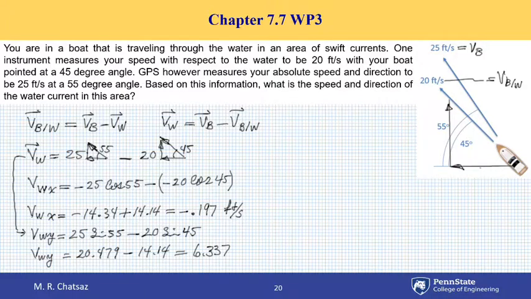One component is left, so I draw this left. The other component is positive or up, so this is the resultant velocity of water, this vector here.